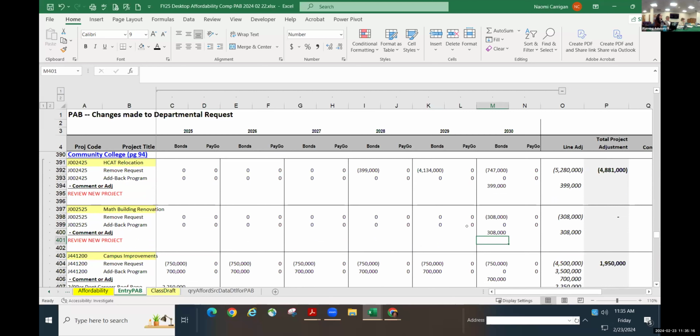The project is to renovate the entire math building, creating better faculty and instructional space for students, faculty, and staff that utilize the building. Given that it's fiscal year 30, a lot of things will change between now and 30. So let's take that out for now.